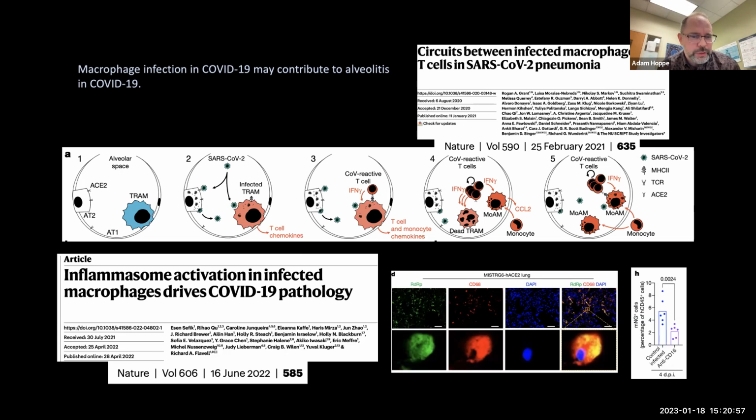That's one of the challenges facing our field right now: understanding exactly what we mean by macrophage infection versus phagocytic uptake of infected cells. This paper here from the Flavell lab was particularly careful about this, looking at viral RNA and double-stranded RNA, which would indicate replication in these cells as well. So it looks like there's some potential for a subset of these macrophages to become infected.